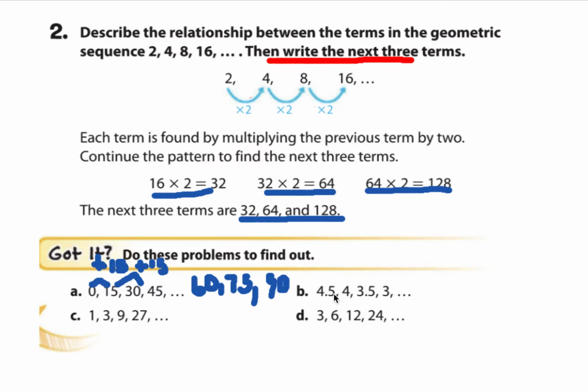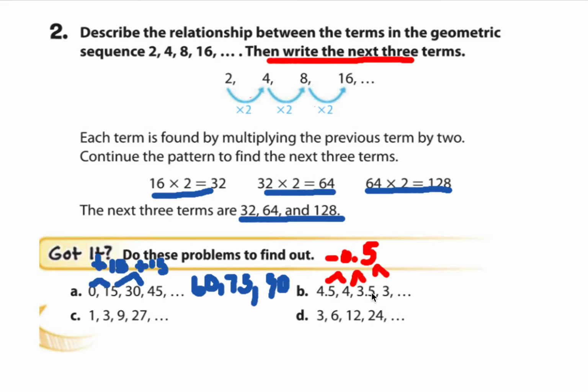Notice how it goes 4.5, and now you have 4. They took away a half. Then you have 4 and you take away a half, you get 3.5. So they are subtracting a half, that's 0.5. That's my pattern for each one.